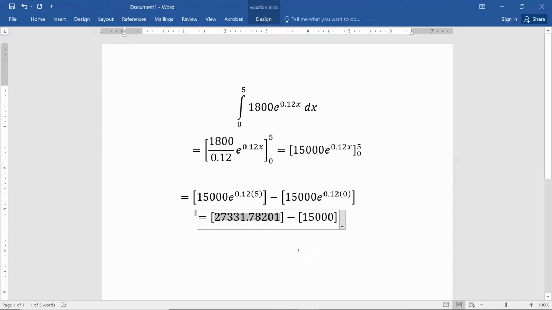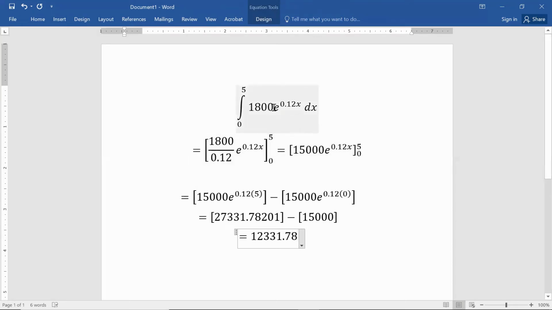So on these ones where I know I'm going to get an irrational number, I plug the entire expression into my calculator at one time. Now the answer is probably going to be asked to be given as rounded to 2 decimal places. In this situation, it's 12,331.78 when I round to 2 decimal places.